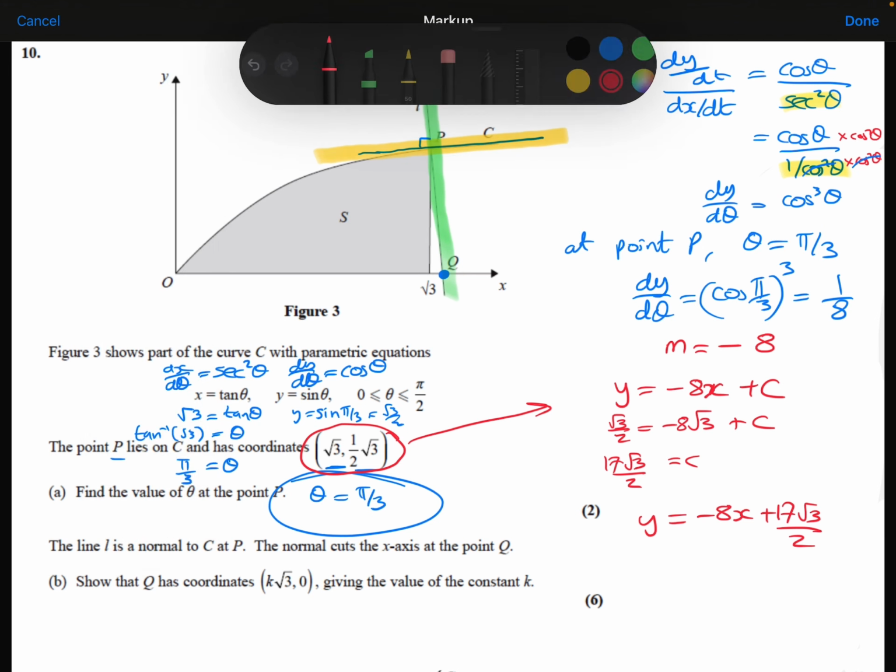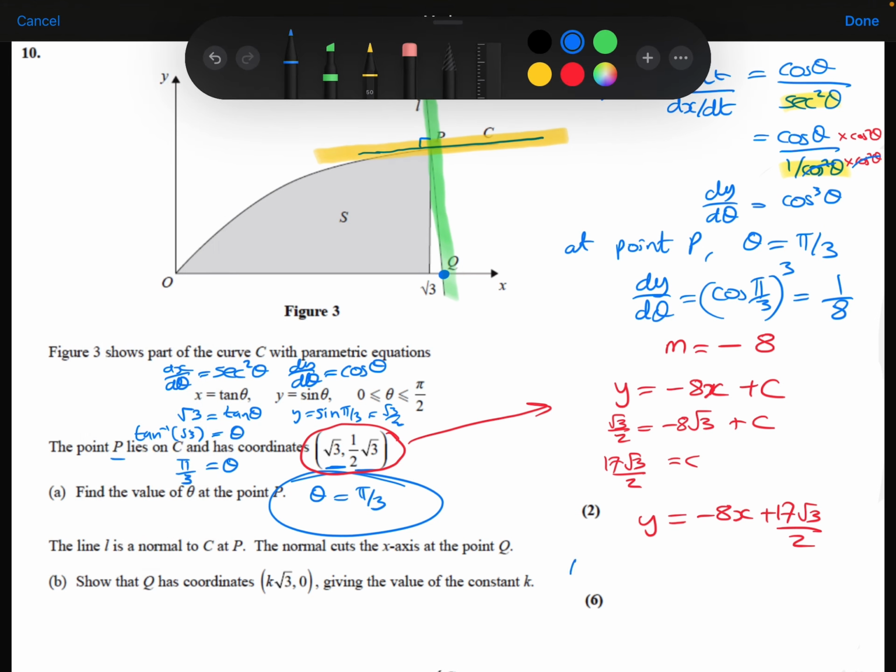Finally, we can say at point Q, at this point here, we know that y equals 0. So if I make my y equal to 0, I'm now going to solve this equation to find out what x is going to be.